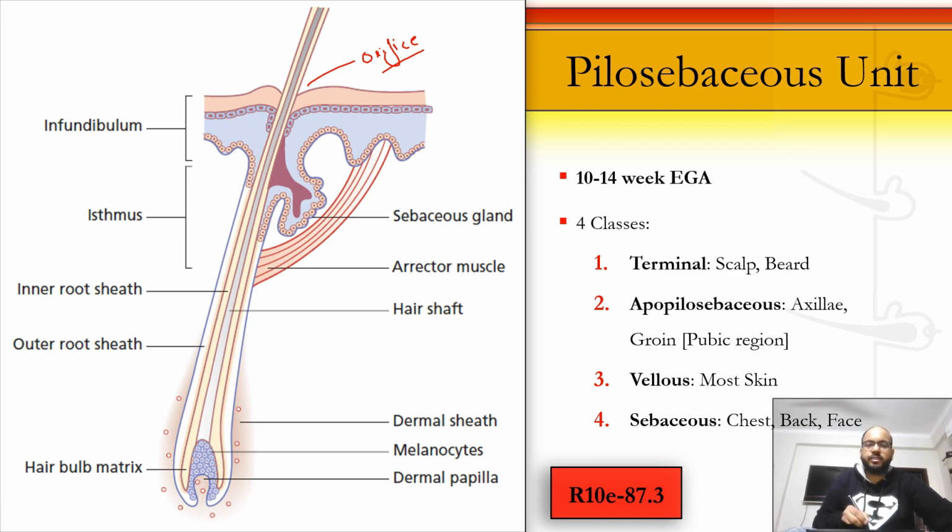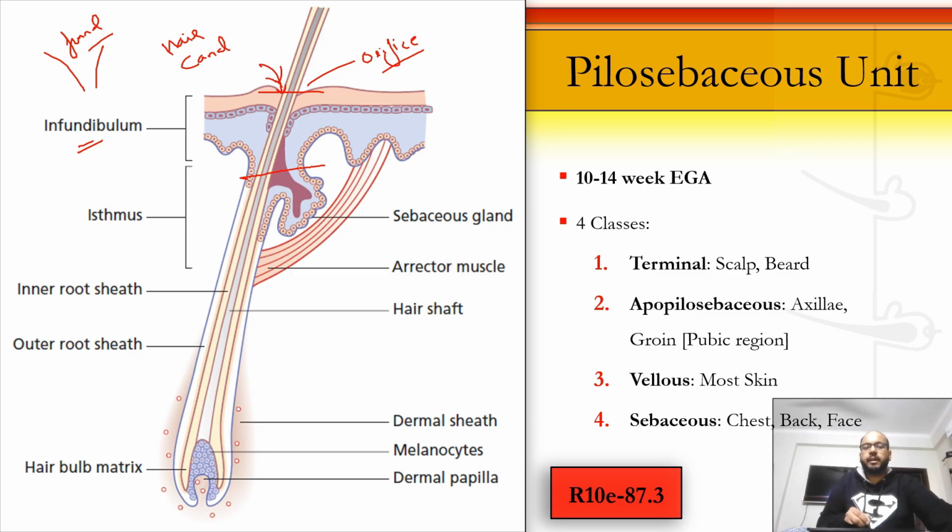The entire tube in which the hair grows is known as the hair canal. From the opening till the opening of the sebaceous duct, it is the infundibulum. Infundibulum means funnel, so it's like a funnel. Clear?